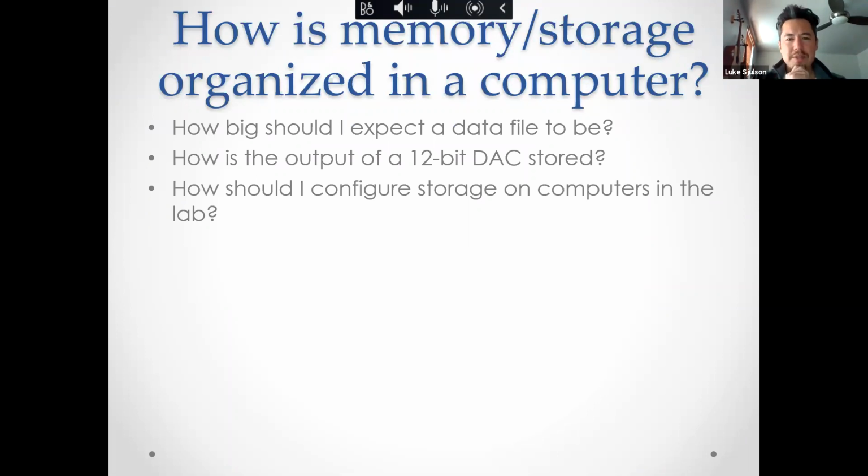So the first question is, how big should I expect the data file to be? I think we talked about this a little before, but this is something you have to think about, and it's not complicated. There's compression, but compression takes time. Usually when you acquire data from something, it gets written in some relatively simple flat binary format, which is the raw output of the A to D converter.